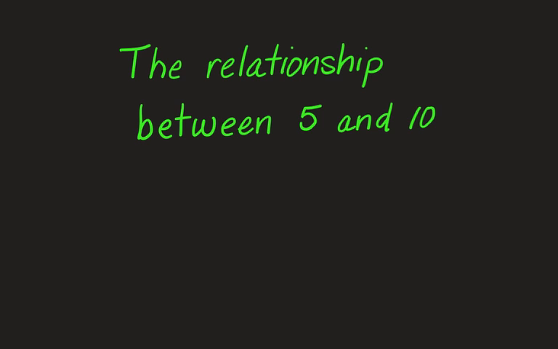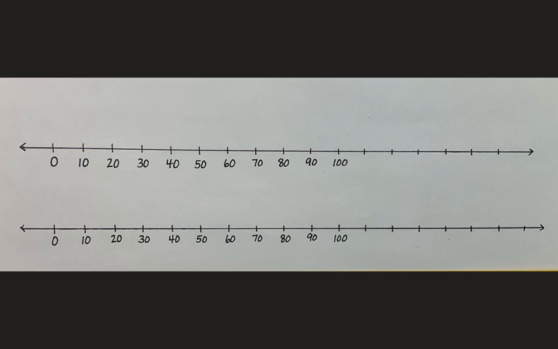Let's talk a little bit about the relationship between 5 and 10. We know that 5 is half of 10, or 10 is twice as much as 5, the double of 5. If I'm looking at this number line, and I am going to make some jumps on the top number line, and I'm going to make those jumps of 10.